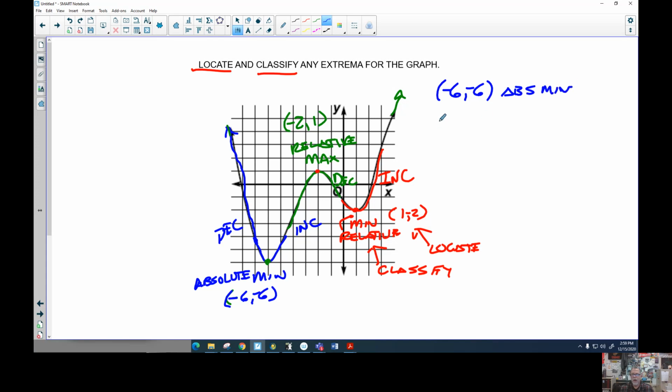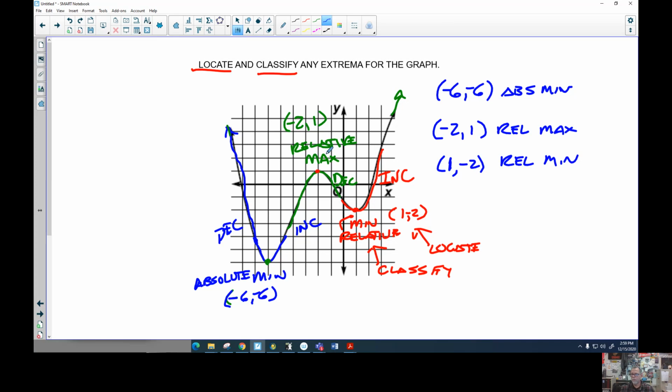And then I would say that we've got -2, 1, and that is a relative max. And then we've got 1, -2, and that is a relative minimum. And we have on this graph, there is no absolute max, right? It goes on forever, so there is no absolute max.